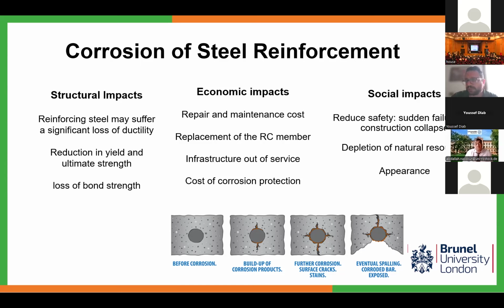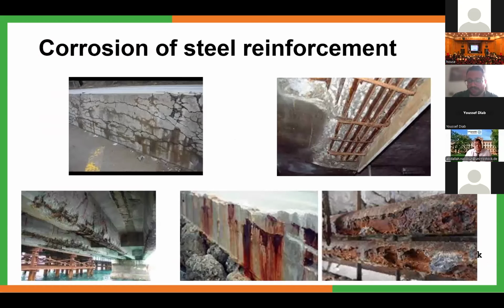Some social impacts, for example, it can reduce the safety. It can lead to a kind of sudden failure of the corroded reinforcement. So this is some example of corroded reinforced structures, especially in aggressive environments like bridges, seawall infrastructures, etc. So all these, corrosion of reinforcement will have economical, social, and structural impacts.